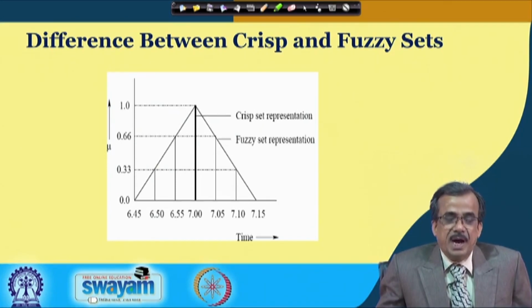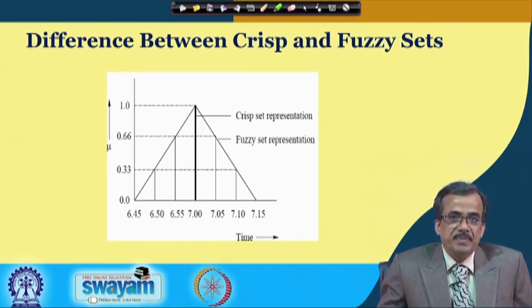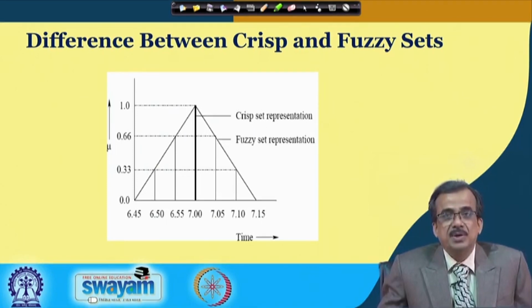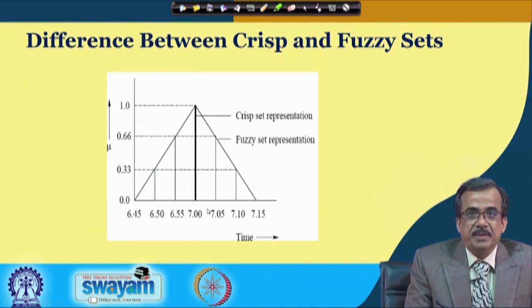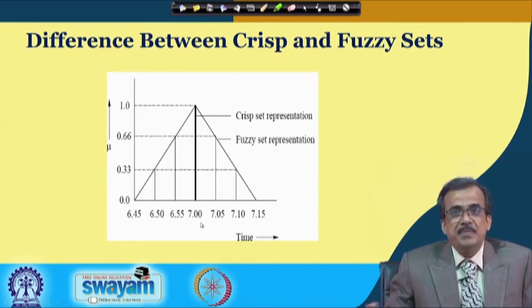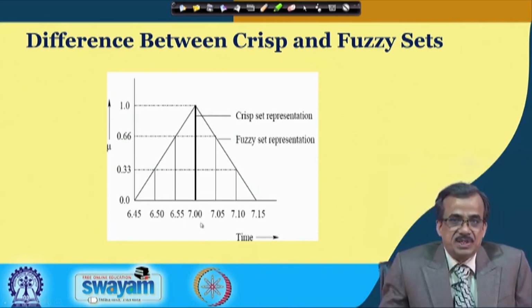Now, this particular example is going to tell us more clearly what the difference is between the fuzzy sets and the crisp sets. Supposing that I am going to invite my friends for today's dinner party, and the time has been given as 7 p.m. for the dinner. Supposing that I have invited a large number of friends.